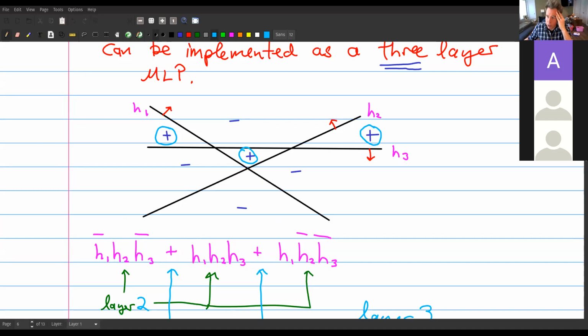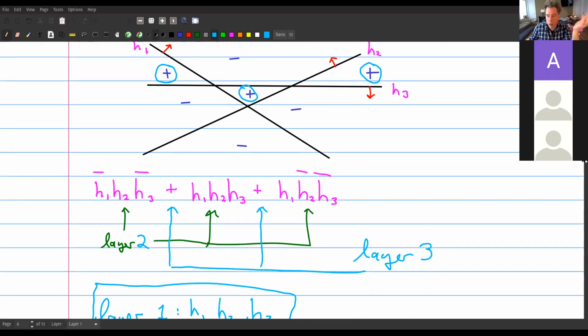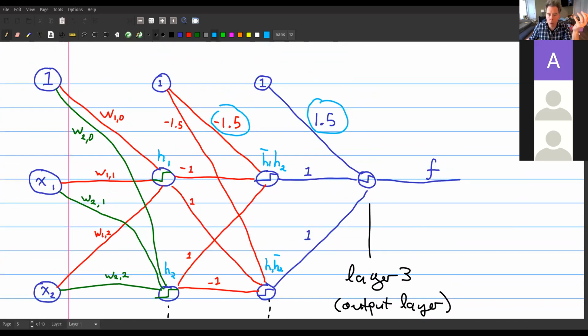So how would we organize these things into layers? The first layer would just take the inputs and then give you the half space functions. And then the second layer would give you the conjunctions of the literals here. And then the third layer would just take the disjunction of those conjunctions. So this is with three half spaces, but it doesn't matter how many there are. It's still going to be 3 layers, but it will have more nodes in each layer.